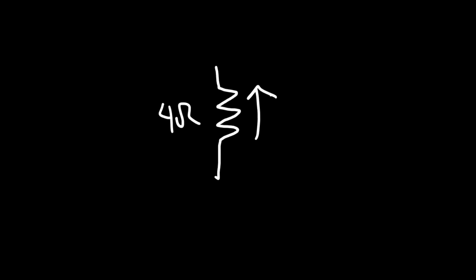Now let's work on another example. So let's say we have this resistor. It's a 4 ohm resistor, and we have a current of 6 amps flowing through it. And let's call this point A and point B. Let's say the electric potential at point B is 12 volts.